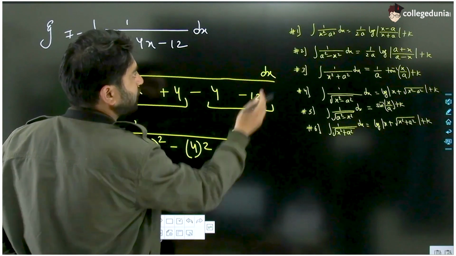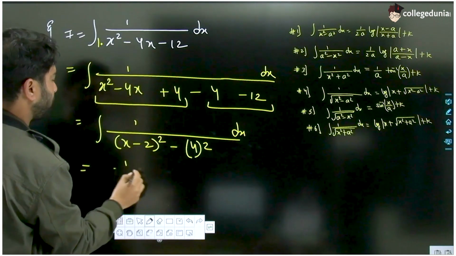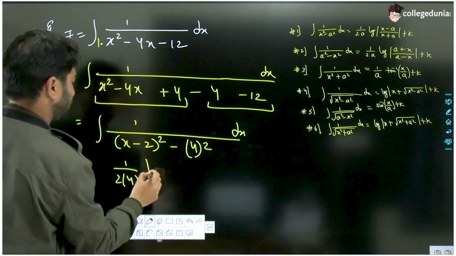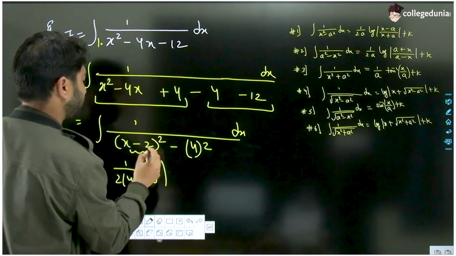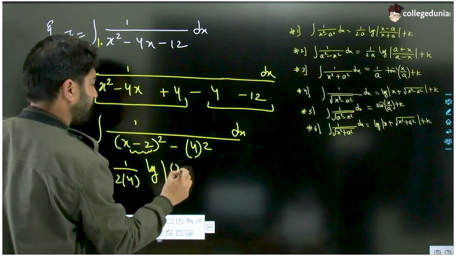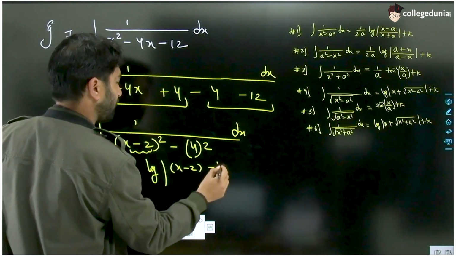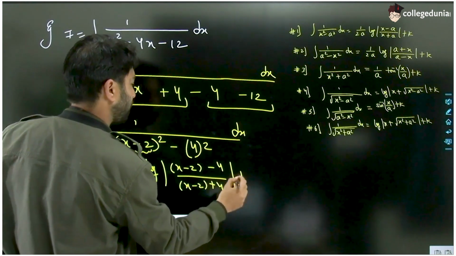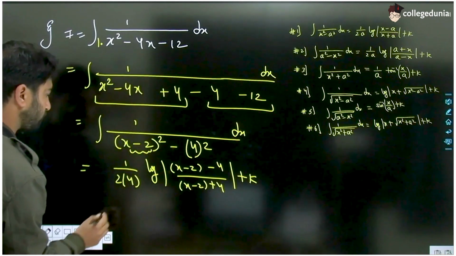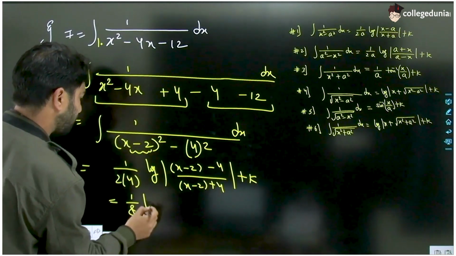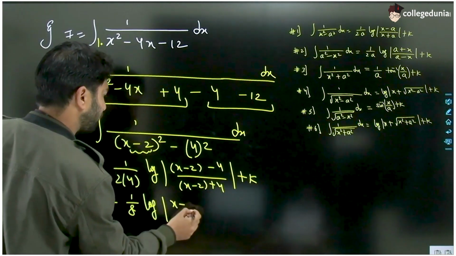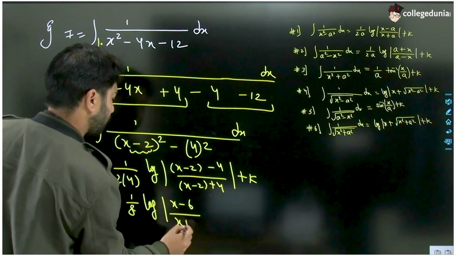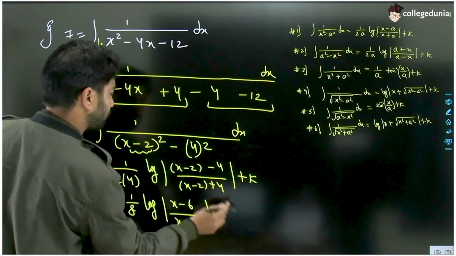And now we can simply apply the first formula, 1 upon 2a log, this linear expression will be taken as x minus 2, x minus a upon x plus a plus k, which will become 1 by 8 log x minus 6 upon x plus 2 plus k. So guys, this is our answer.